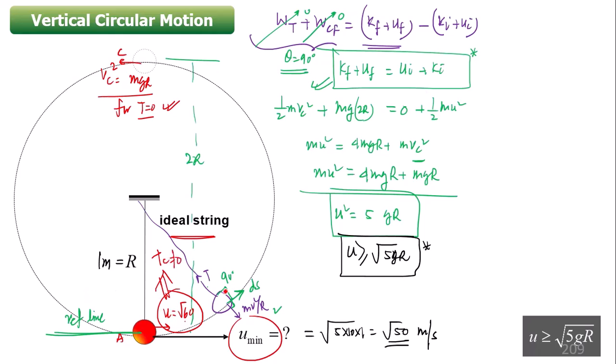That means I have to calculate the minimum speed with which I have to throw the ball so that it will complete the circle. So our answer is root of 5gr. If I project the ball with a minimum speed of root of 5gr or more, then only it will complete the circle. If I throw the ball with a speed of exactly root of 5gr, then only the tension at point C is equal to 0.